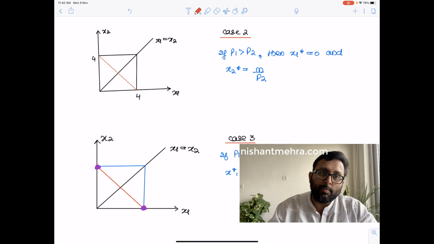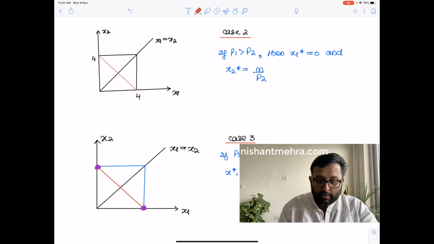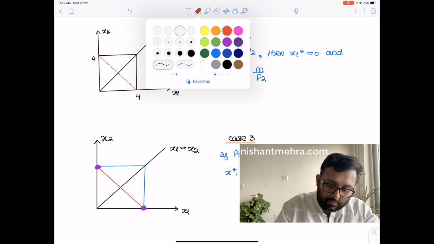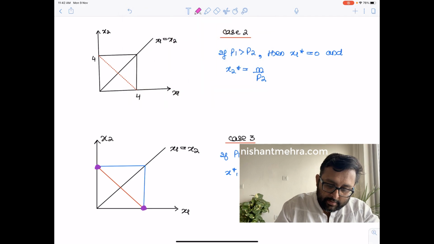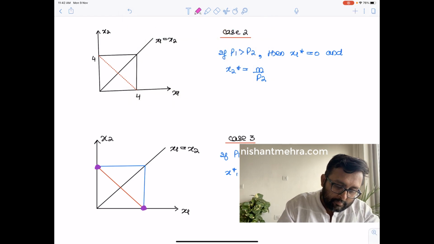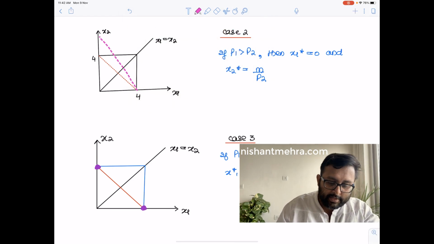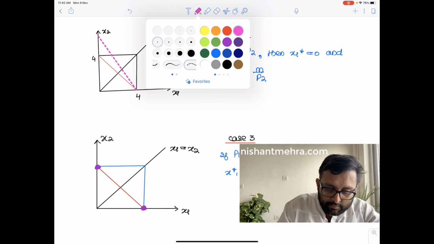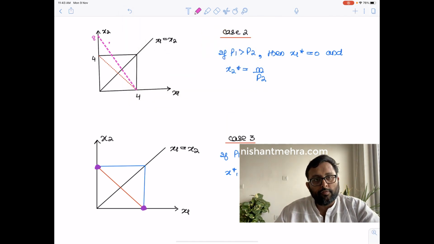So we have done one case where P1 by P2 is less than 1. We're doing another case where P1 by P2 is greater than 1. So greater than 1 could have been this, somewhat like this. This is greater than 1, eight upon 4.